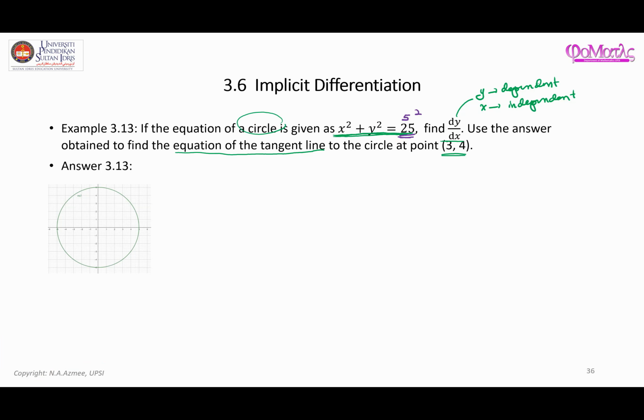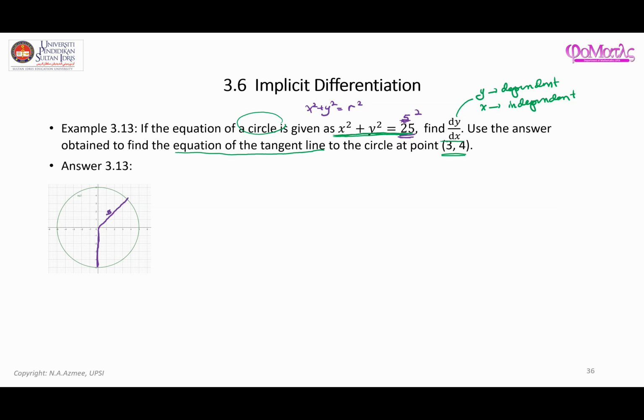This is a classic equation of a circle, where the general form is x squared plus y squared is equal to r squared. Here r is the radius, which means in this case the radius is 5. This is r equal to 5. You can see it clearly here: this is the radius, which is 5 units.